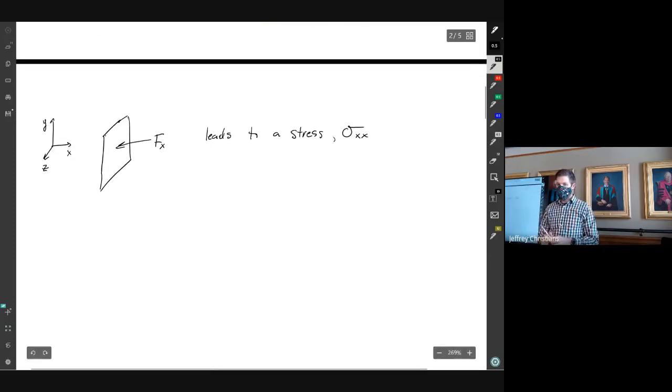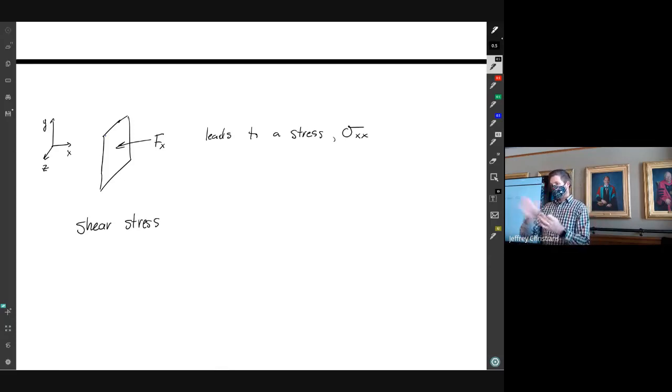Shear stresses get a little bit weirder. A shear stress is one that's happening in the plane that we're talking about, but we use the same basic nomenclature.